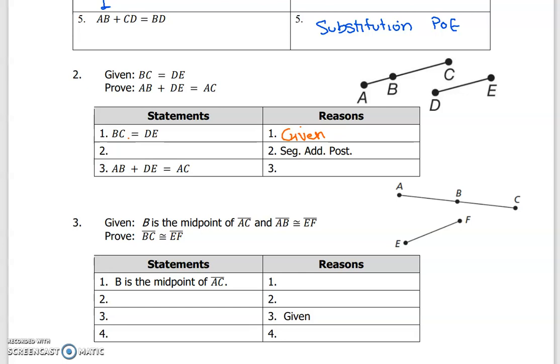This is just a single segment there. So left plus right equals the whole. So left is AB plus right is BC, and it's going to equal AC, the whole. What's changing from this step 2 to this step 3? BC is changing into DE because they're equal. So substitution.